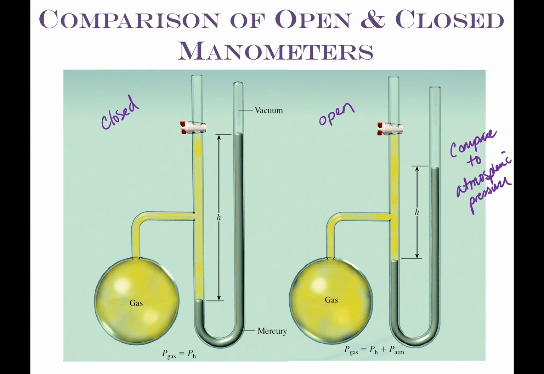For the closed one, we're going to take the height difference, and the height difference would be equal to the pressure of the gas. And here, the pressure of the gas is equal to pH plus the atmospheric pressure. So pH could be negative. Here, the gas pressure is actually greater than atmospheric pressure because it's pushing down further than the atmospheric pressure.